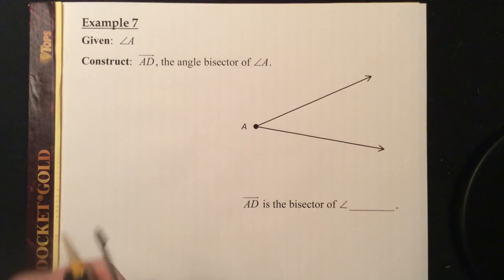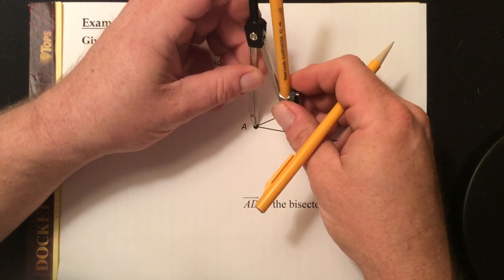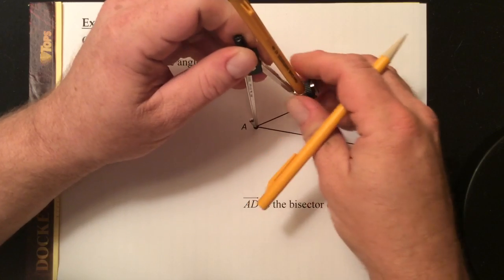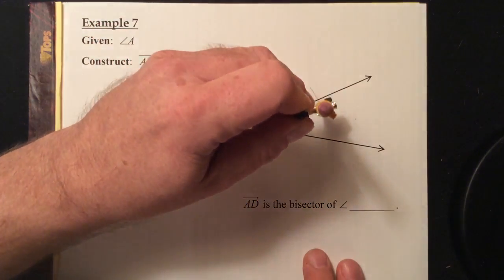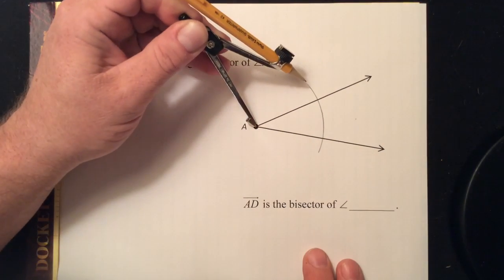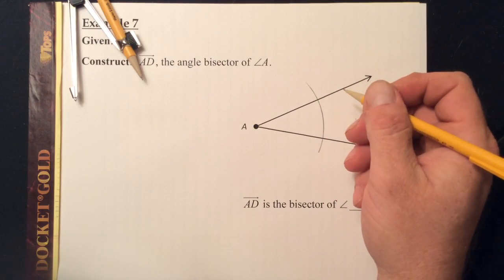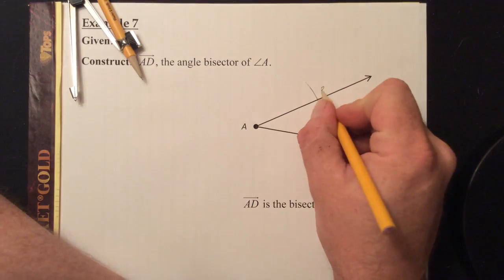Again, you take your compass and set the point on vertex A, and you can set your compass anywhere you want as long as it is wide enough to go through both rays, like that. Label these two points B and C.